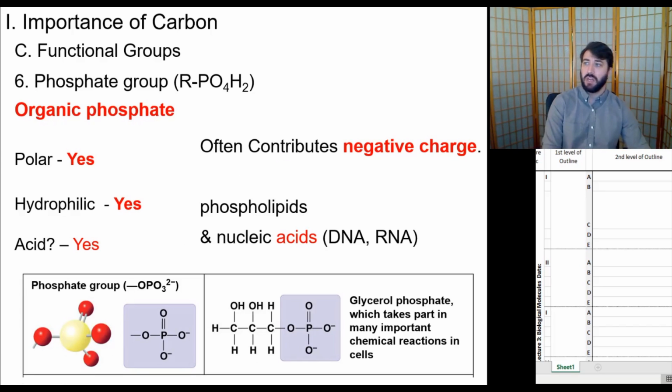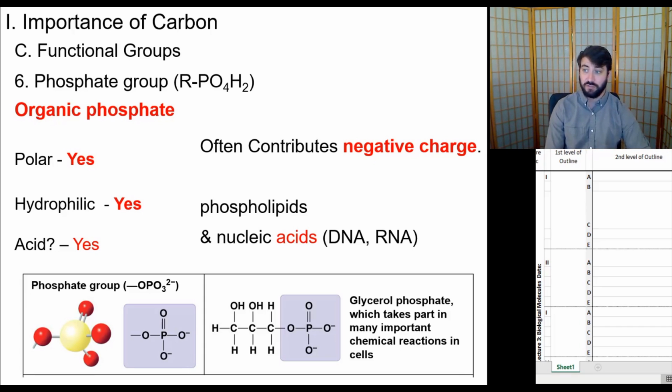Okay. Now we're on to phosphate groups, also known as organic phosphate. They're polar, hydrophilic. They're also acidic. Important thing to note about phosphate groups here, notice how they have two negative oxygens hanging off the end here. This means they often contribute a pretty significant negative charge to whatever the hydrocarbon is that they're attached to.